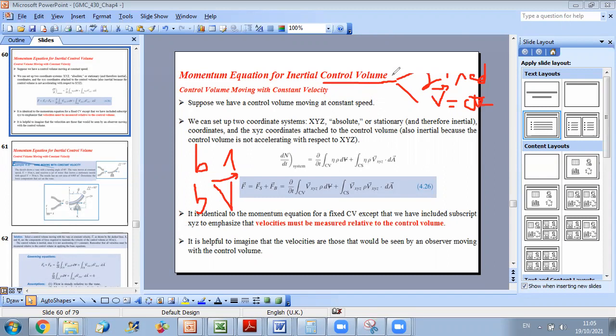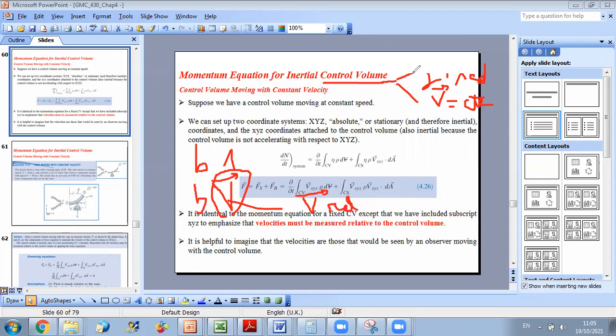لما كان control volume fixed كنا نحط V absolute. هلا لما يصير control volume moving الفرق الوحيد انه V بتصير V relative. يعني كأنه كل velocities are measured with respect to this control volume.